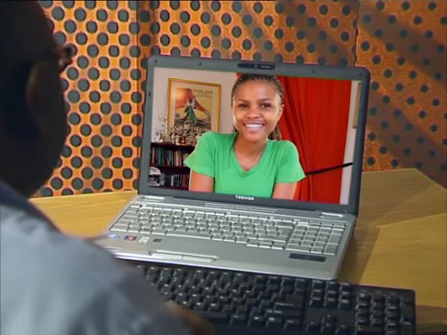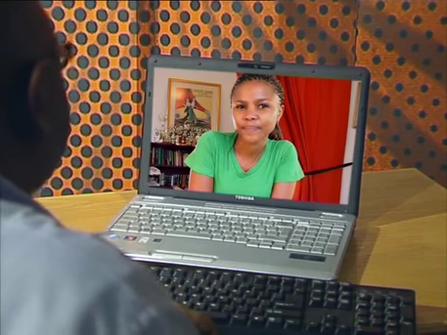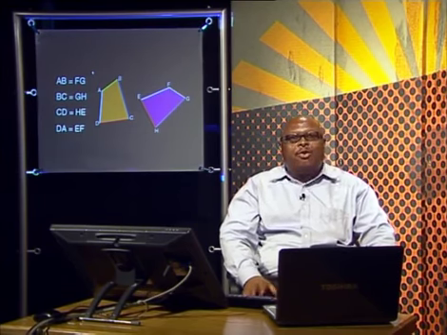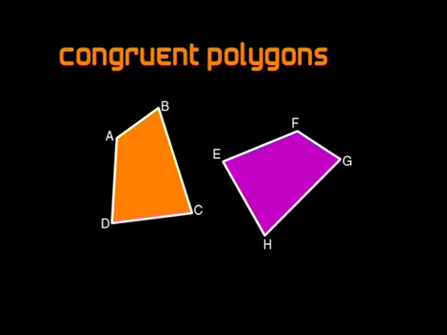May I ask something? Of course, Kanya. I was just wondering, is there some special way that we write that mathematically? Yes, there is, Kanya. I was just coming to that. In maths, when we want to say that the shapes are congruent, we use this symbol. We also need to take care with how we name the shapes when we make a congruency statement. We need to refer to the congruent figures in the same order as the angles and sides that pair up in its shape.